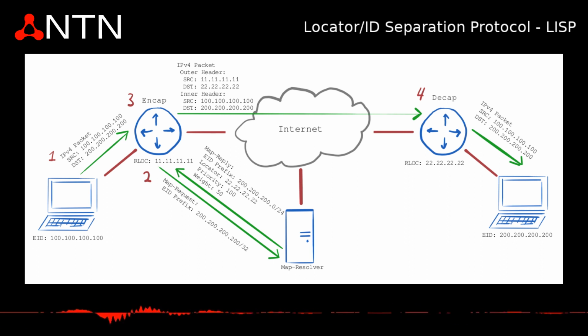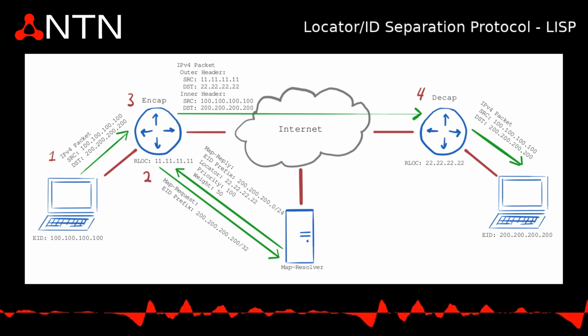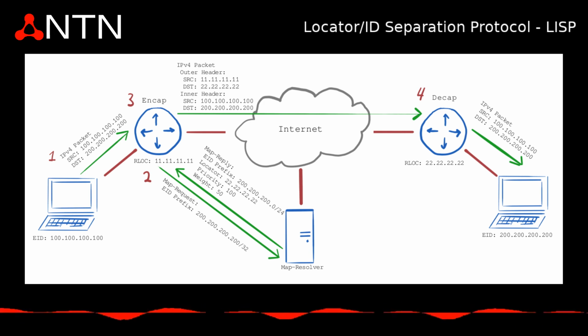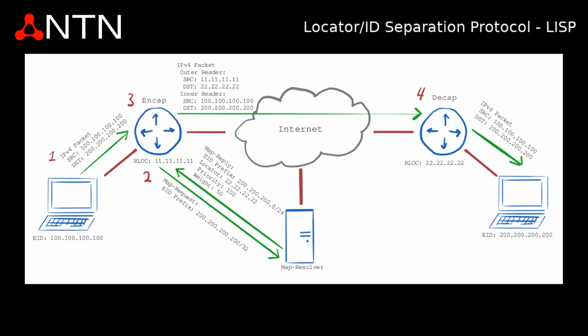Earlier we mentioned the EID to RLOC database, but we haven't talked about how the EID to RLOC resolution takes place. The EID to RLOC mapping service operates similarly to DNS, but instead of domain to IP mappings, it provides EID to RLOC mappings. The method used to provide mappings in the LISP beta network is called LISP Alternative Logical Topology, or LISP plus ALT.